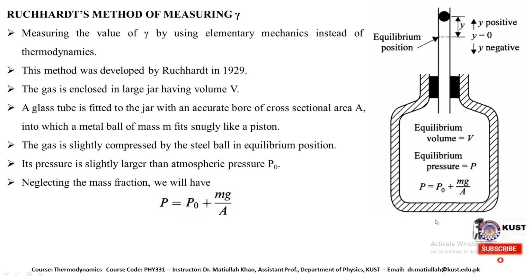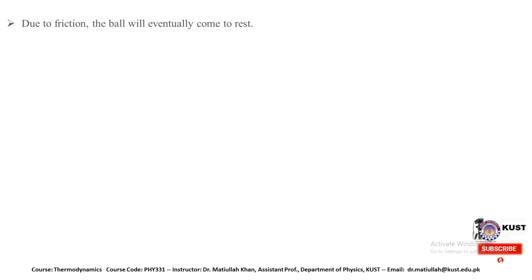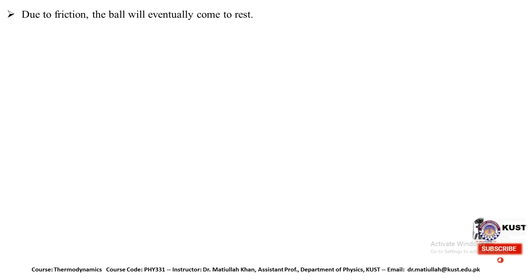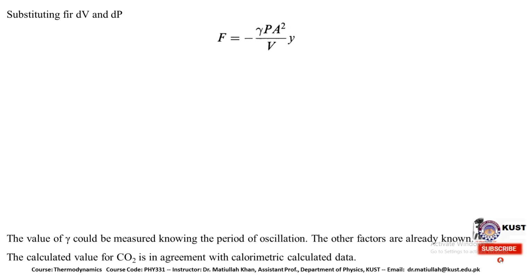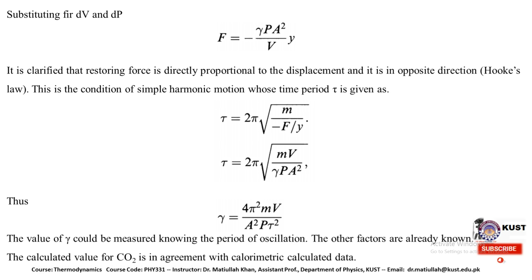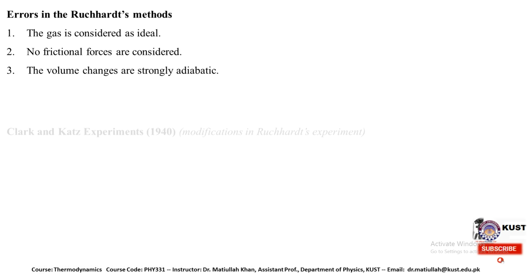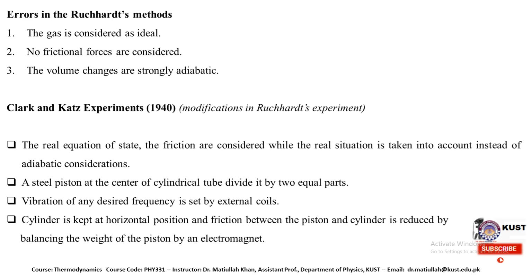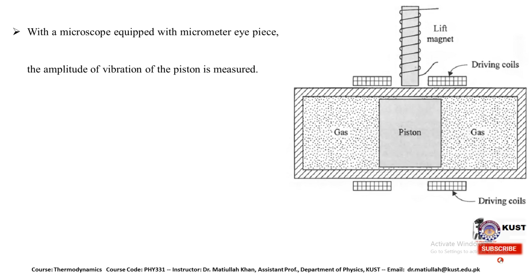In both cases this heat capacity ratio is calculated, but the accuracy of the last experiment is a bit higher than the accuracy of the Rüchardt experiment, and there are three reasons for this improved accuracy.